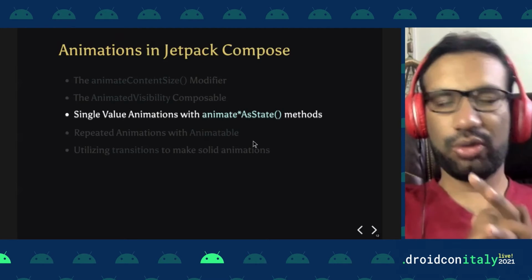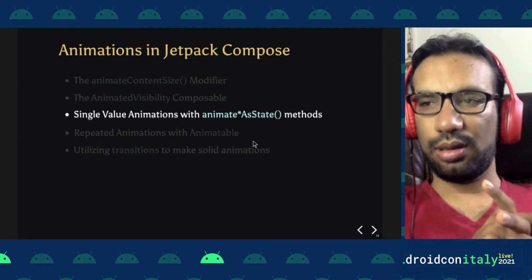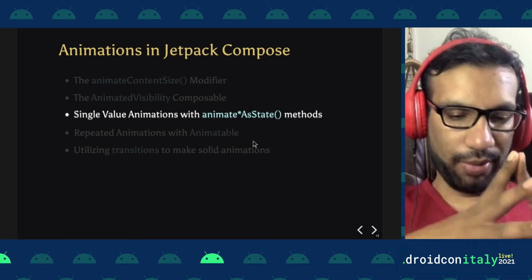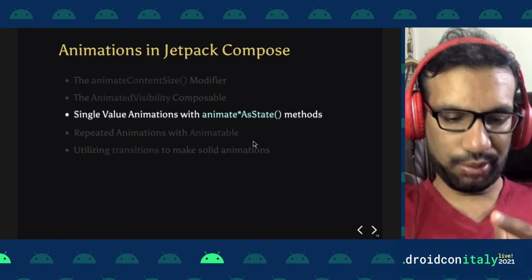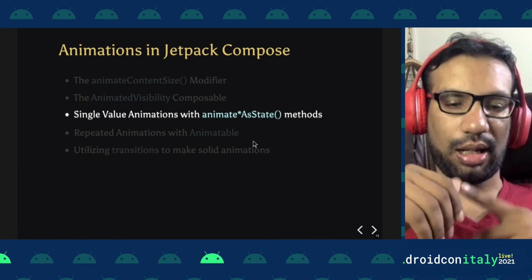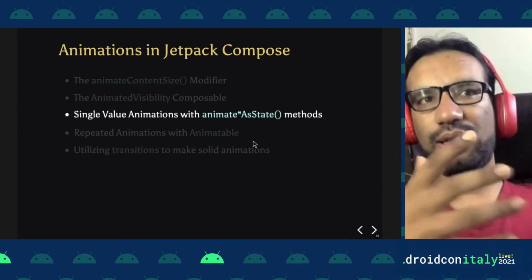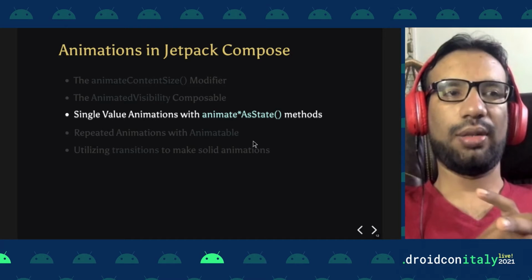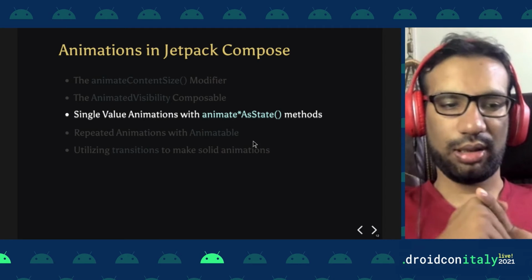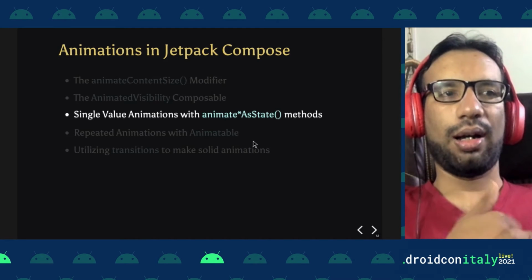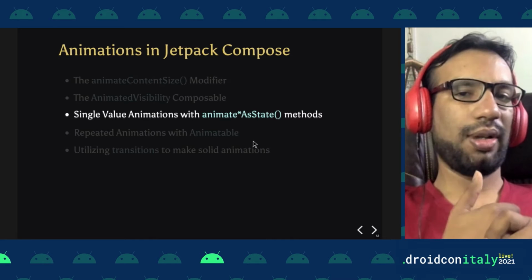Now we are going to see about animate-as-state methods. So the idea is that at this point we have seen how we can animate between different sizes of some composable, and we also see how we can animate between the visibility of composables.